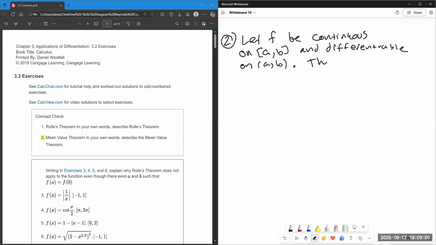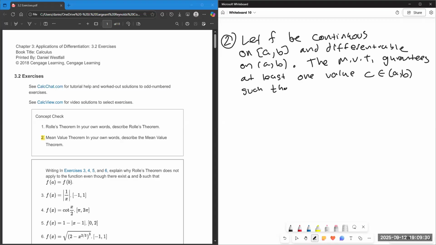The mean value theorem guarantees at least one value c that's in a to b such that f prime of c is equal to the average rate of change, f of b minus f of a over b minus a.